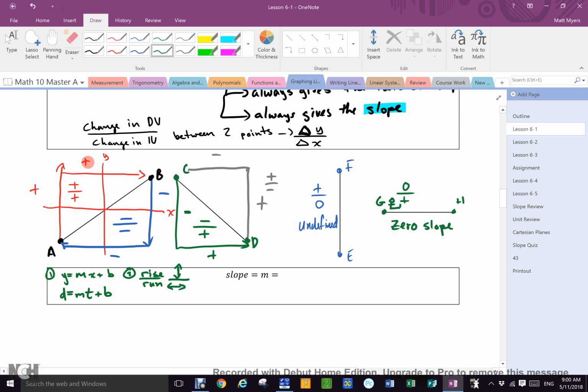Everybody good? It's also the change in the DV divided by the change in the IV. How far did we change on the y value divided by how far we change on the x value? Everybody with me?